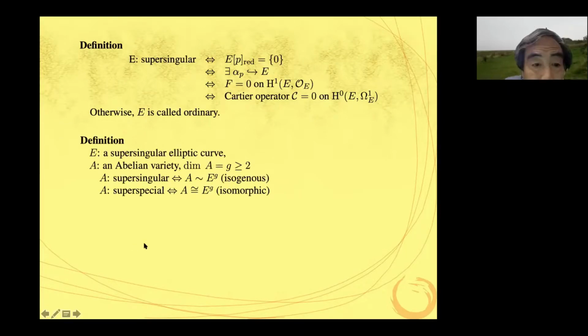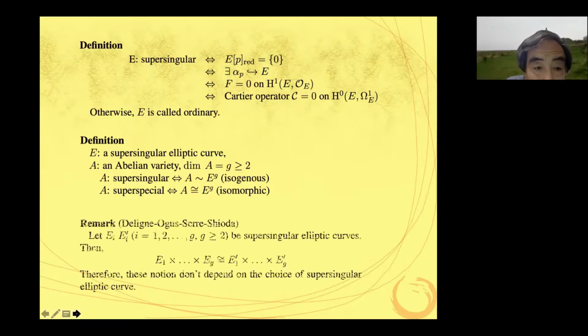The next definition: we consider an abelian variety A, and let E be a supersingular elliptic curve. If A is isogenous to E^g, the product of g copies of the elliptic curve, then A is called supersingular. And if A is isomorphic to E^g, then A is called superspecial.